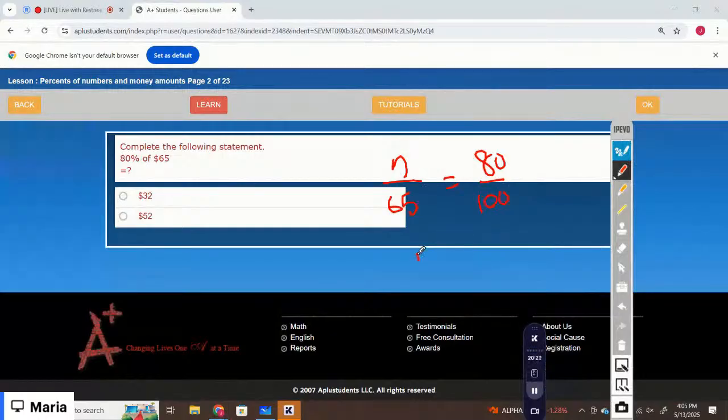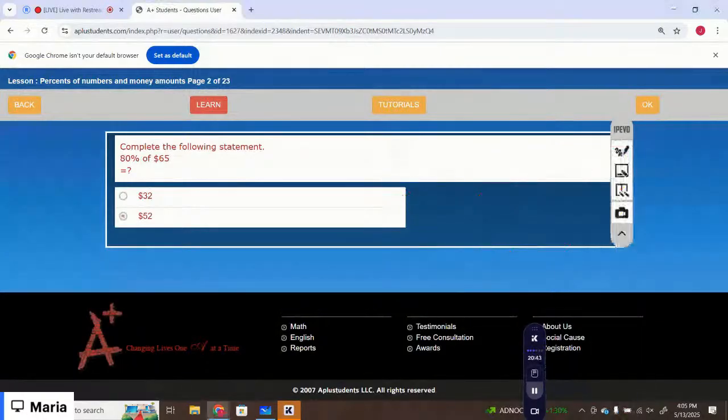That is n equals 80 times 65 over 100. 80 times 65 is 5200, so n equals 52. Option number 2 is the correct option.